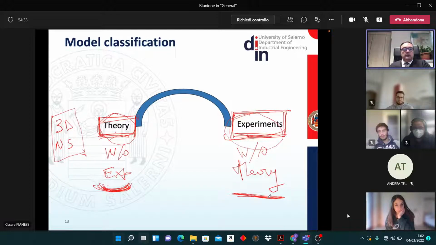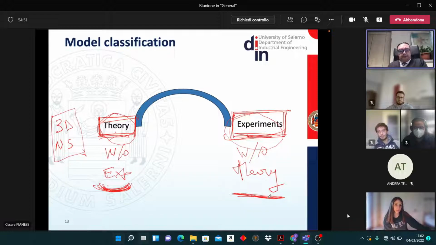I just put all the data in a very advanced computer with very advanced techniques, doing machine learning, deep learning, or neural networks, or whatever. And then I will come out with a good model with very high accuracy without knowing anything.